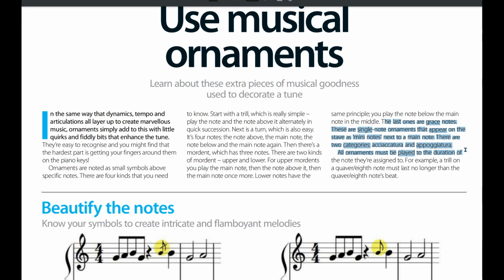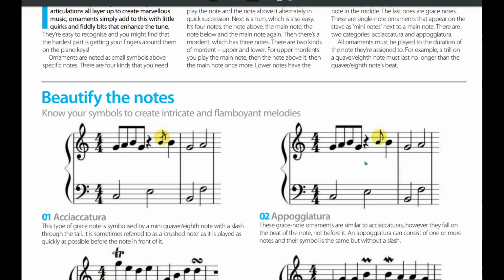All ornaments must be played within the duration of the note they're assigned to. For example, a trill on a quaver, or eighth note, must last no longer than the quaver's beat.